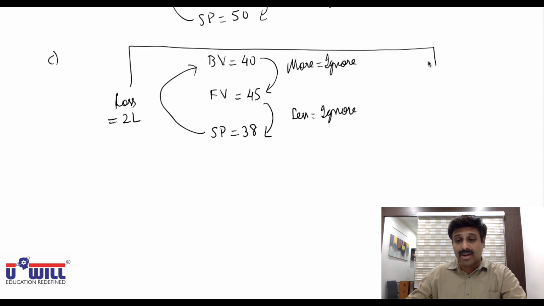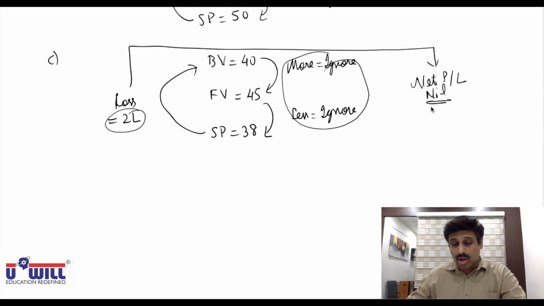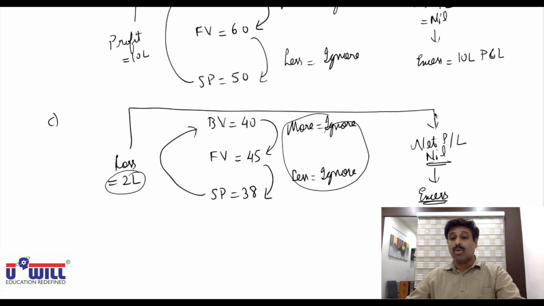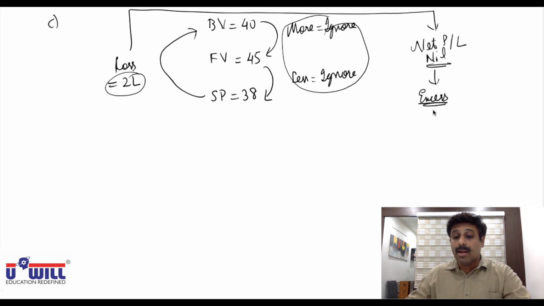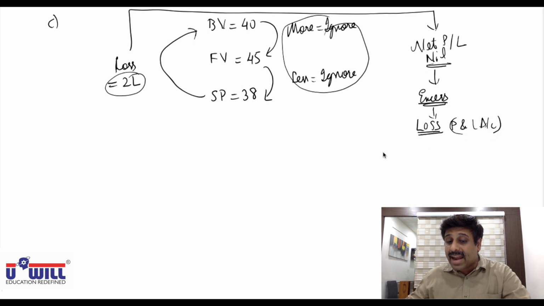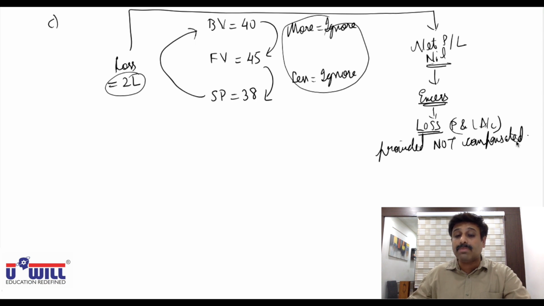Now compare it with net profit or loss. On the right side, net profit or loss is nil. There is no amount, so you can say this 2 lakhs is not covered. It is excess. If it is a profit, you take it to P&L account immediately. But if it is a loss, you take it to P&L account immediately, provided, and this statement you have to write, it is not compensated by future lease payments.